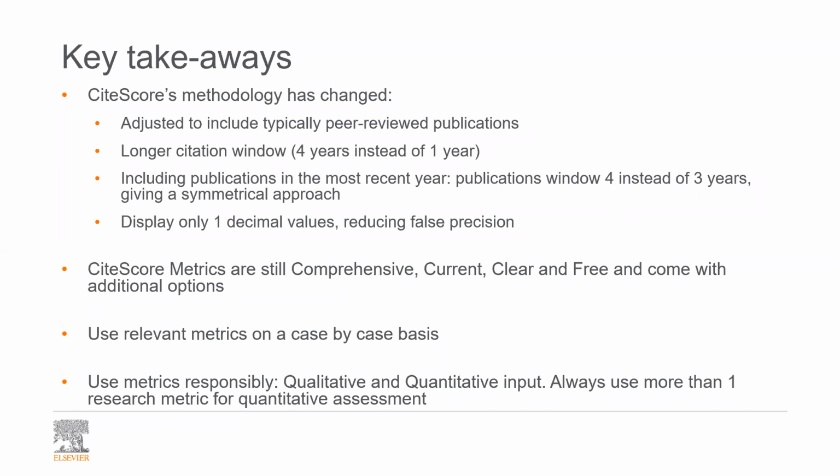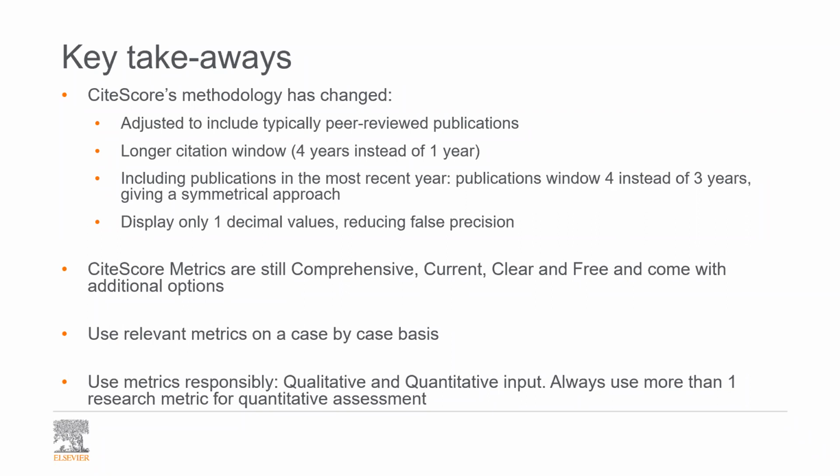CiteScore metrics are still comprehensive, current, clear, and free, and come with additional options. And of course, very importantly, I hope all of you can use the relevant metric on a case-by-case basis, depending on what you want to measure. And always use more than one research metric to make a decision.